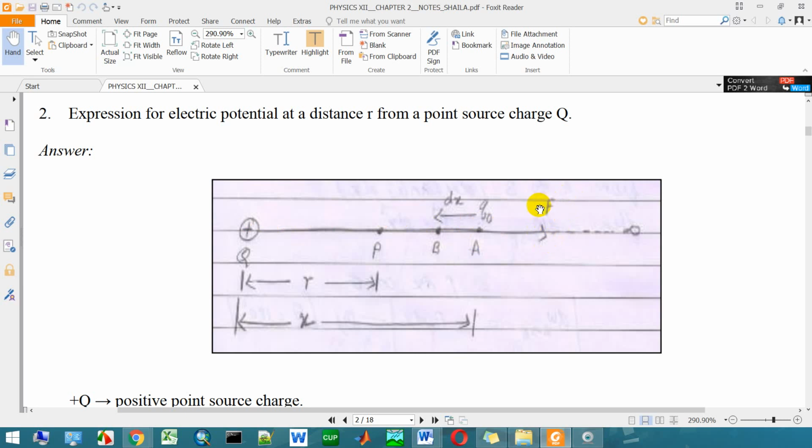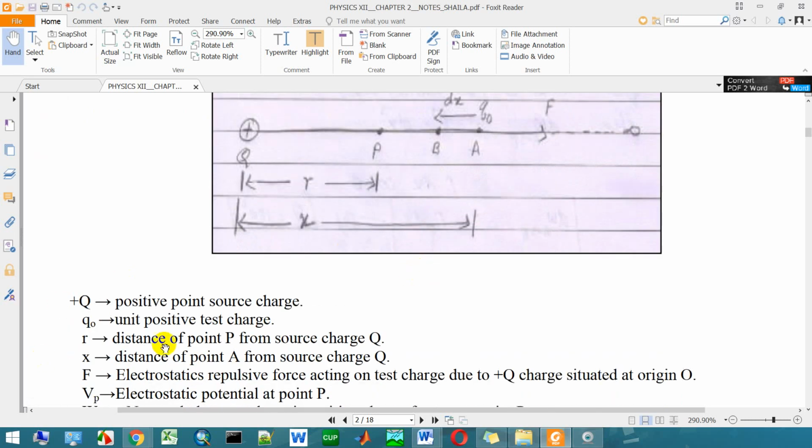This F is the electrostatic force or Coulomb's force, and its direction is away from Q, because it is experiencing a repulsive force and the source charge is positive.